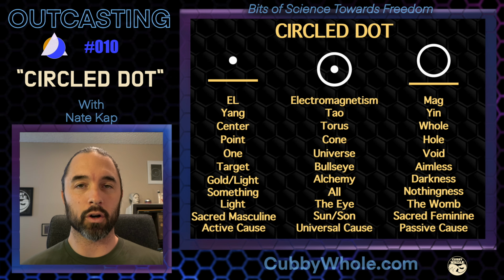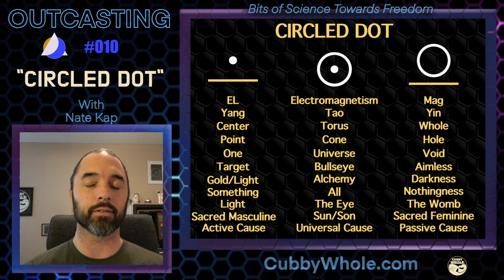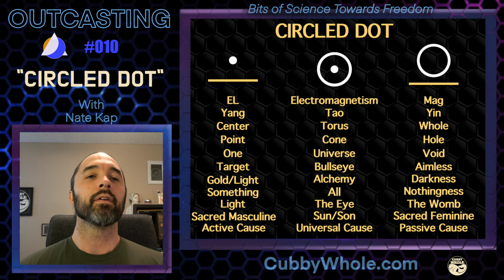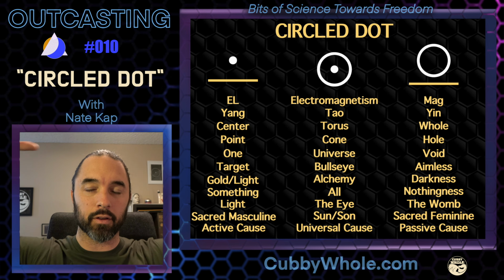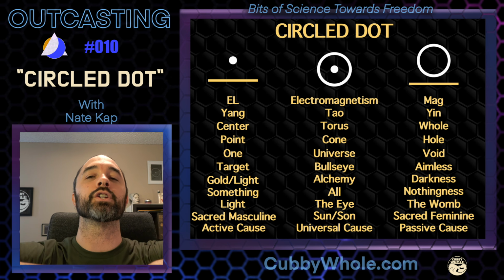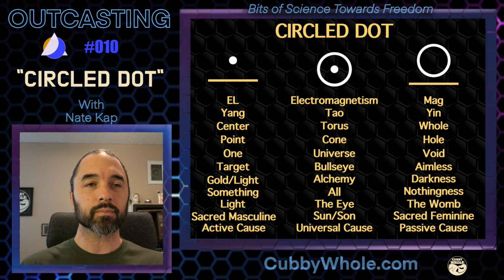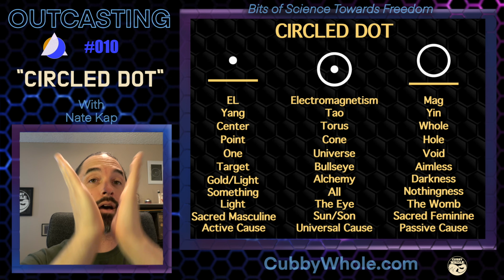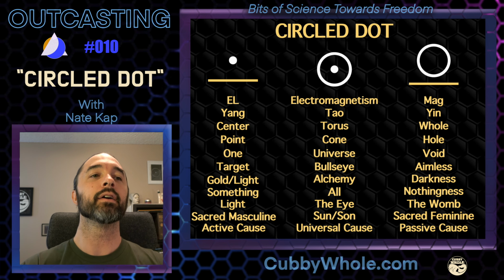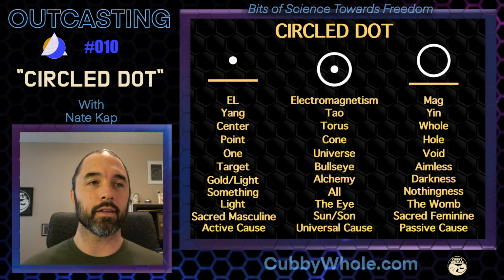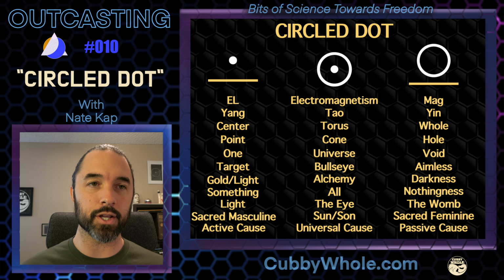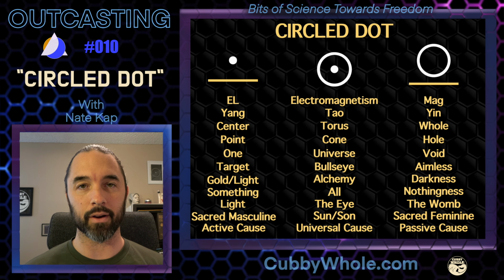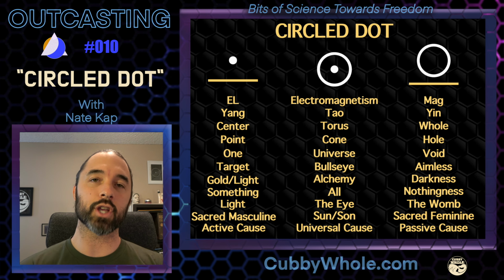Then you have the torus. Now the torus is very powerful to understand because it's about the whole universe energy, the universal energy that is moving to the center, or coming out of the center, however you want to look at it. So the center is the masculine energy, and the hole is the feminine energy, and it's like a donut, right? So that's the shape of the torus.